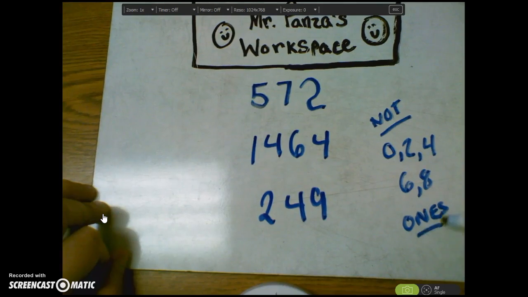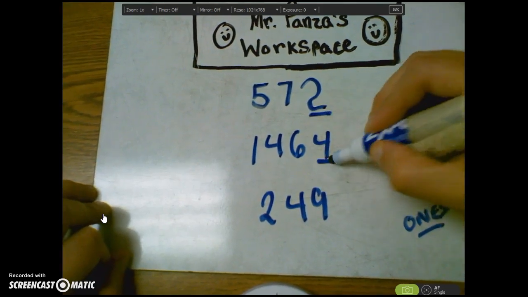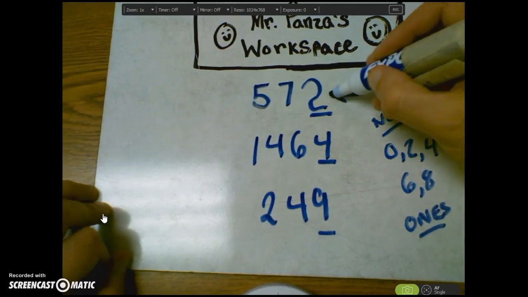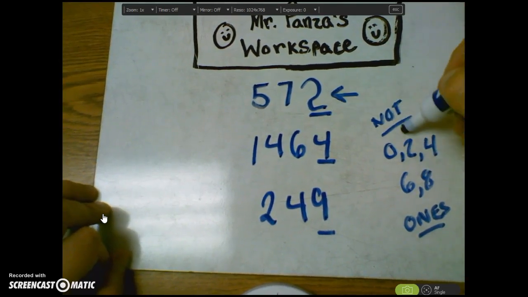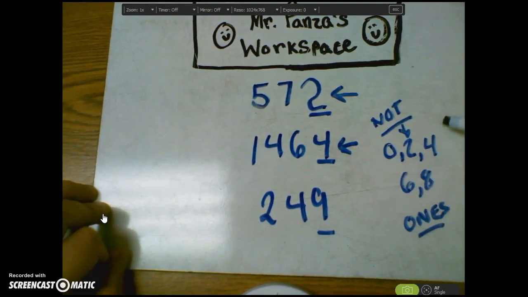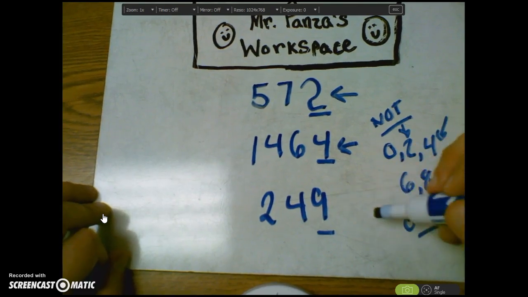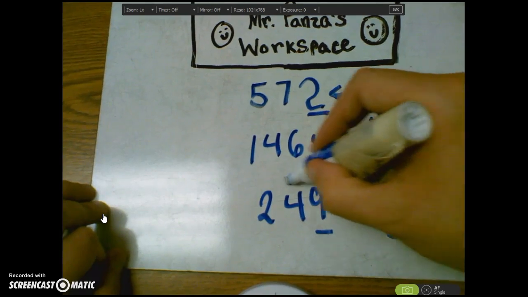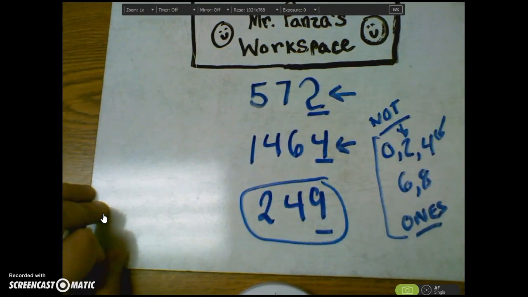So the first thing I would do is underline the digits in the ones column and immediately recognize that 572 is divisible by 2 because it ends in a 2, and 1,464 is divisible by 2 because it ends in a 4. However, 249 ends in a 9. That is not one of these numbers in the ones column, which means the correct answer was 249.